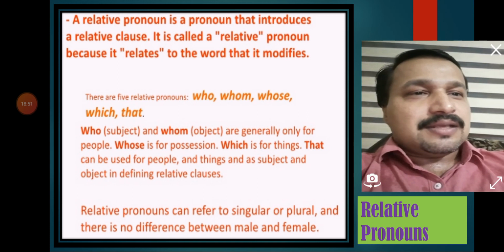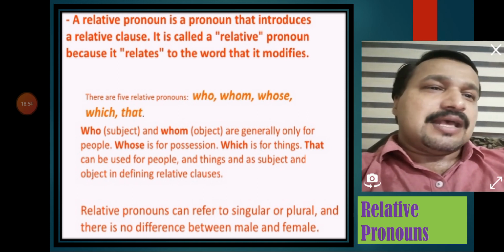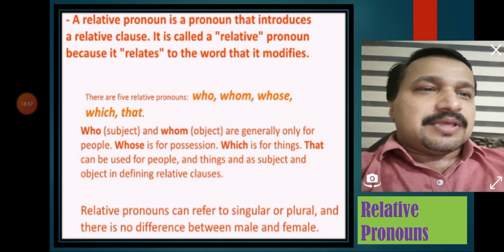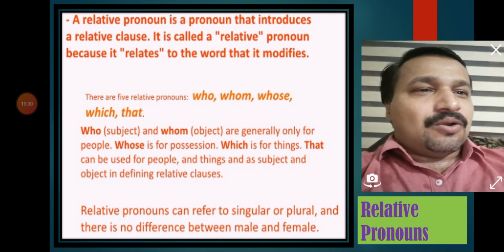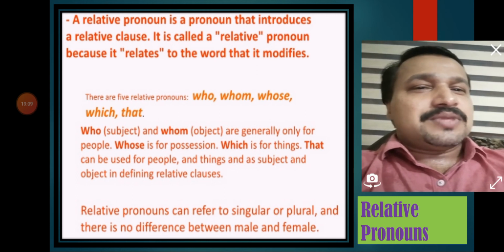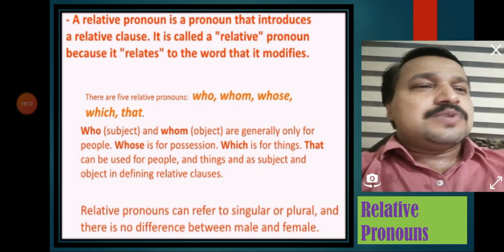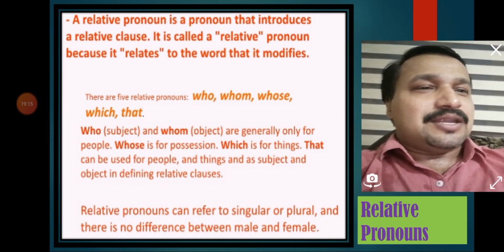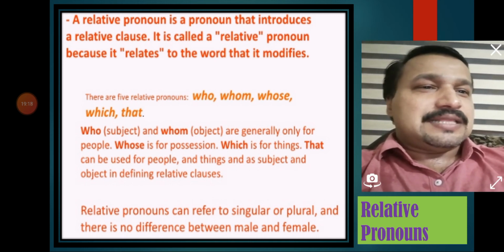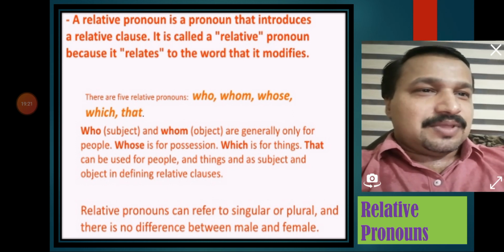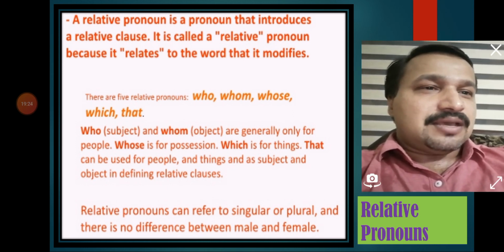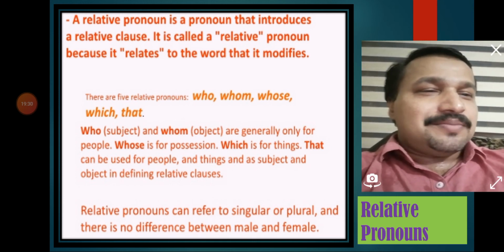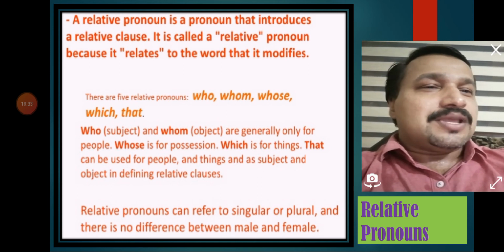One, it stands instead of a noun or functions as a pronoun, plus it relates or joins two sentences or two clauses together. So when you say, this is the man who was sitting there, in the same sentence you can see there are two sentences. This is the man. He was sitting there. So instead of he, we have used another word, who, that stands for he and joins these two sentences together.